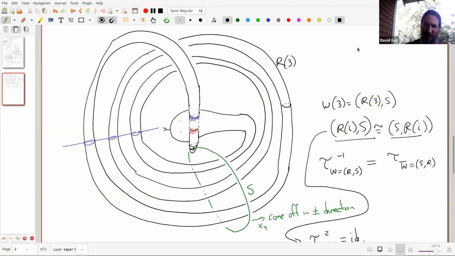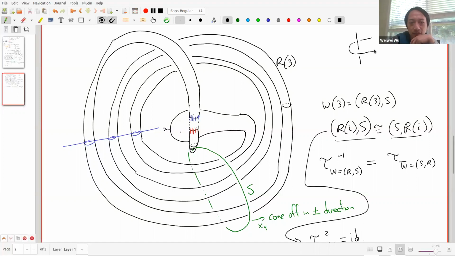It's a little bit like this, not exactly. So that is embedded, right? The sphere is embedded, but my projection into 3 dimensions is immersed.